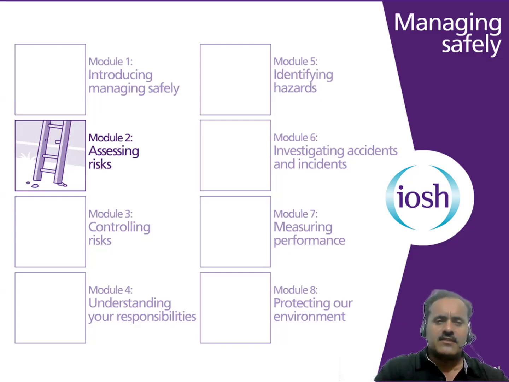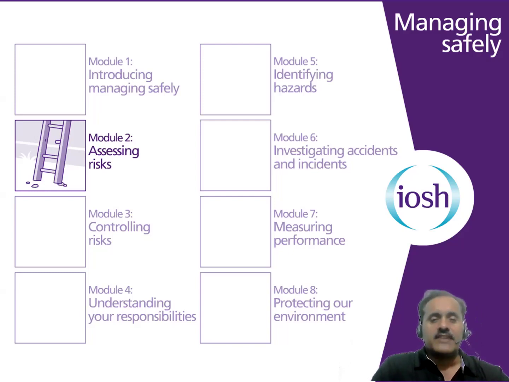Okay, my dear learners, most of the time we hear from different safety professionals and organizations that we are carrying out the risk assessment, but in spite of the risk assessment, accidents are still happening. So it means that the risk assessment is not done perfectly, efficiently, or effectively.